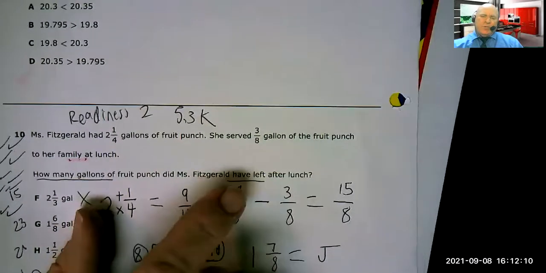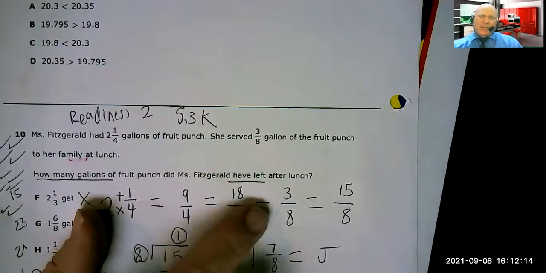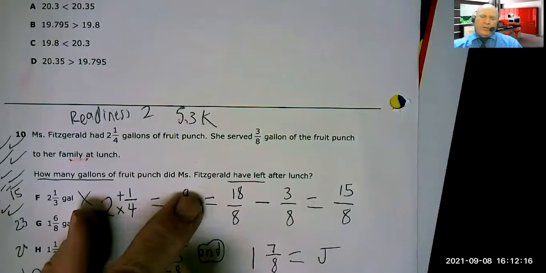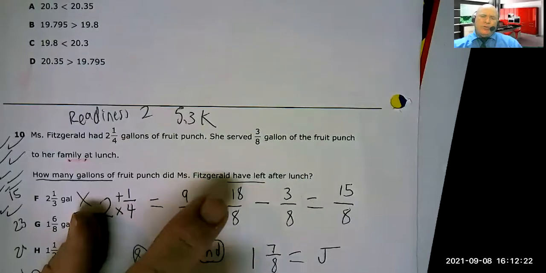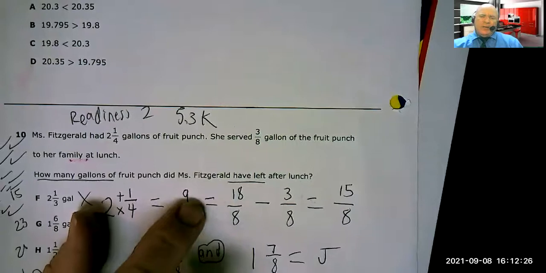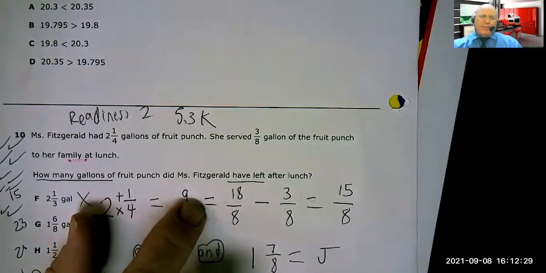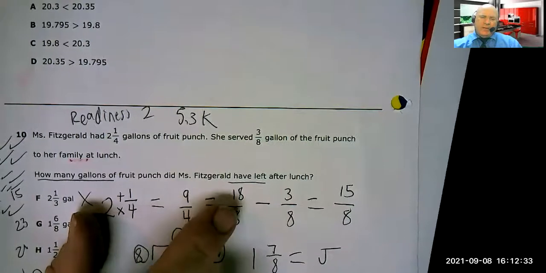So the numerator is not as important as the denominator. Since we're supposed to find out how much is left, how much you subtract, what we can do is whatever you do to one side of the fraction, you do to the other side, and it'll still have the same value. So the product of 9 and 2 is 18.